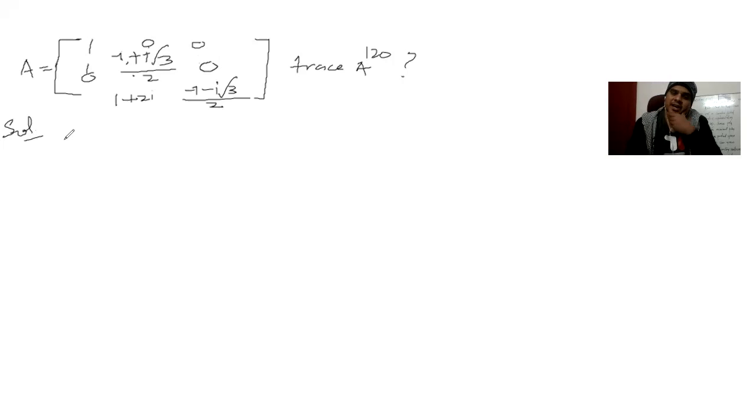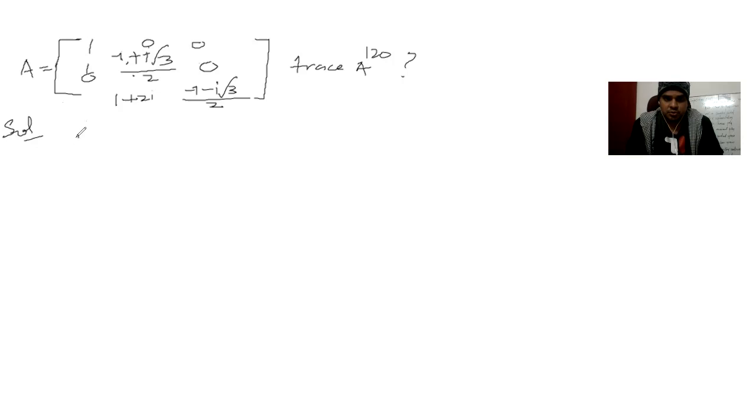So using eigenvalues we can reach the trace. Since these are the cube roots of unity, we can write them as 1, omega and omega square.